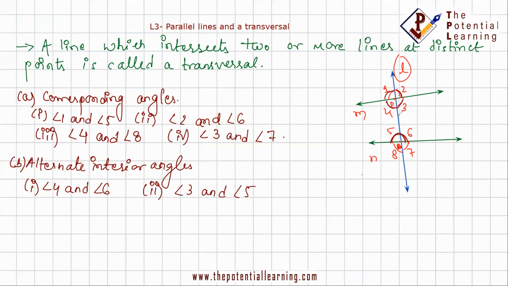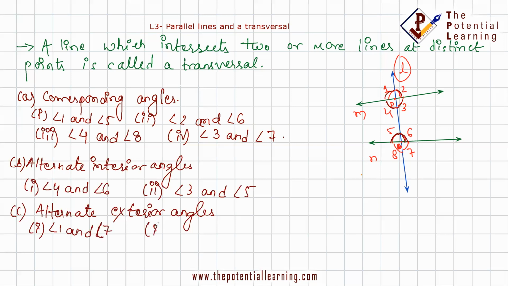Interior angles हैं और alternate हैं, तो these are alternate interior angles. Similarly, for alternate exterior angles क्या मिल जाएगा हमें, इसमें भी दो पेयर्स मिलेंगे. Which one? 1 and 7, right? And the second one is 2 and 8. ठीक है, तो these are alternate exterior angle pairs.